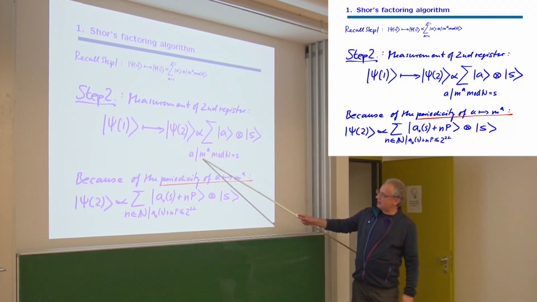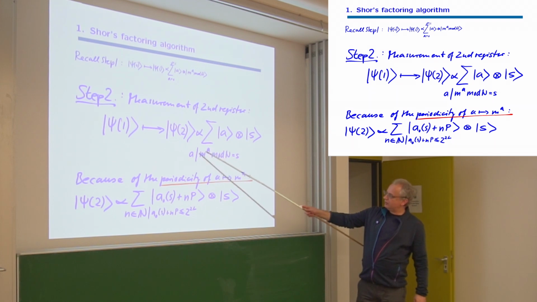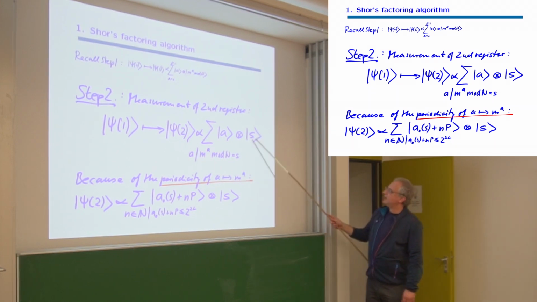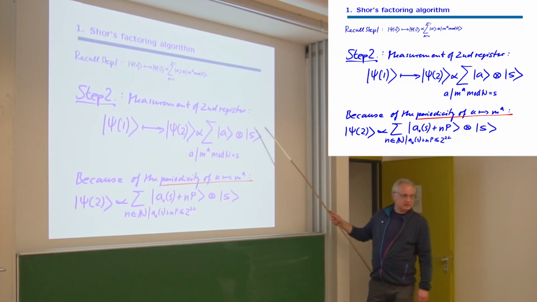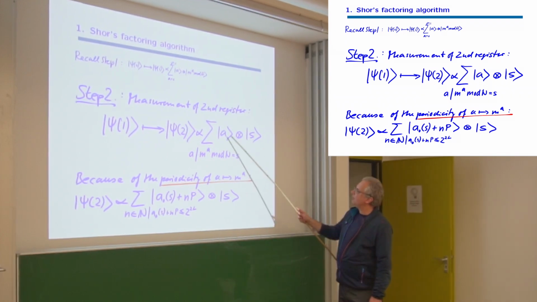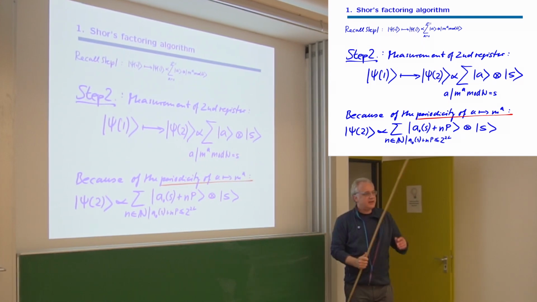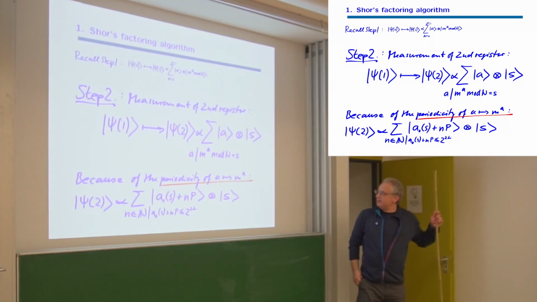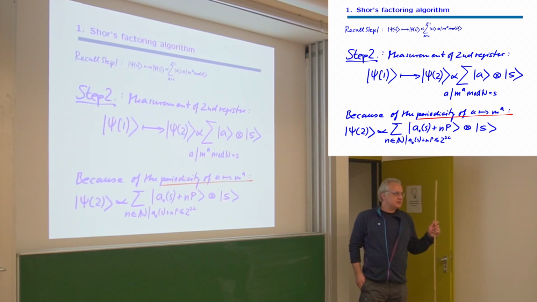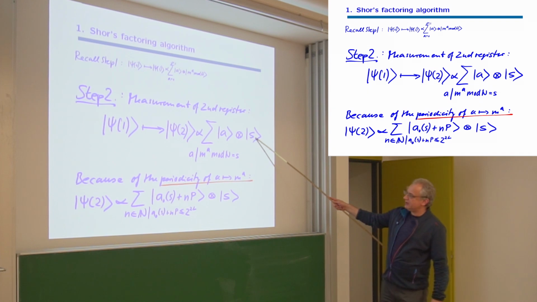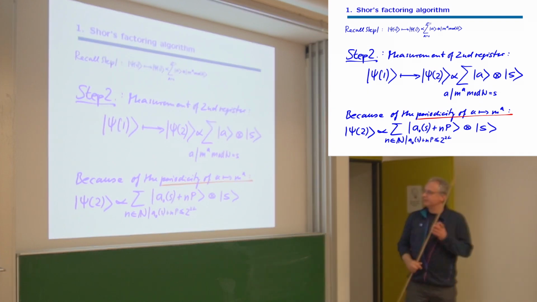If you take our initial integer m to that power a modulo n, then you get the measurement outcome s. All those values a that satisfy this condition, they remain in the superposition, and everything else is gone. Yeah, so that is the effect of that projection here on the second register.